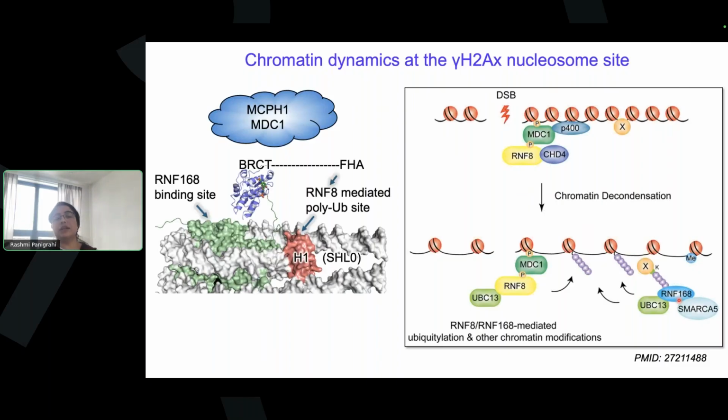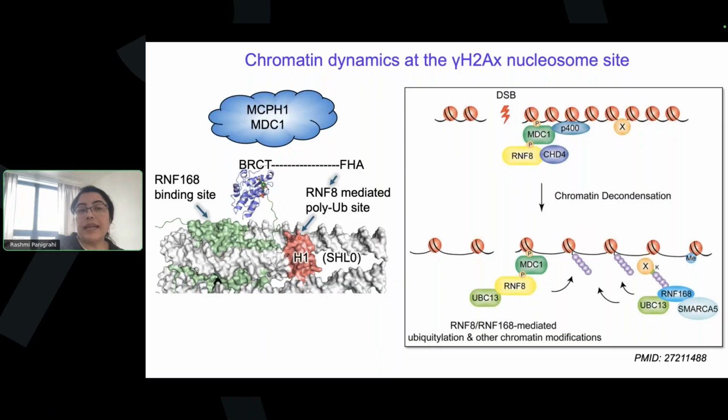Now, if you look at the structure of the nucleosome disc, which is in a horizontal orientation, here you see the H1, which locks the DNA at the entry-exit site. Here shown in green are our histones, and this is the H2AX tail. And you have the phosphoserine here and tyrosine buried here, and this is our BRCT model. Now, the N-terminal of MDC1 is the FHA domain that recruits RNF8, which mediates the ubiquitination of H1.